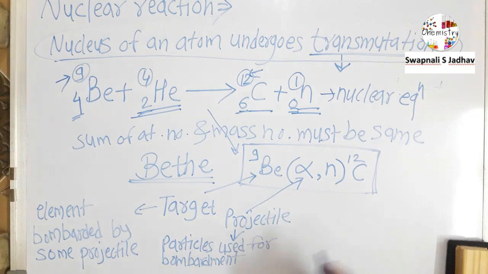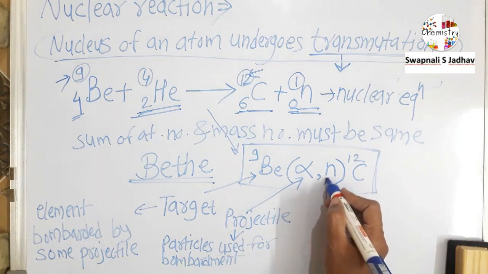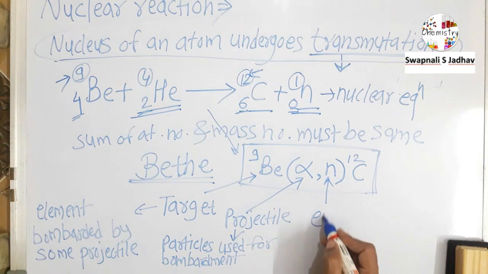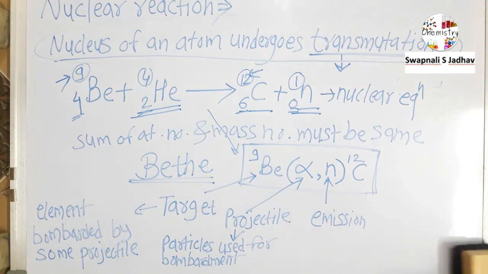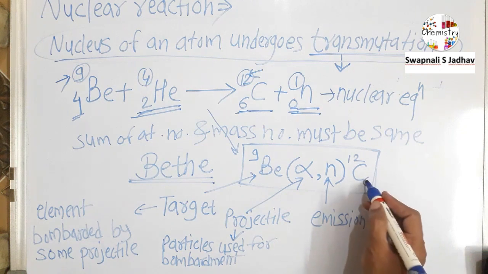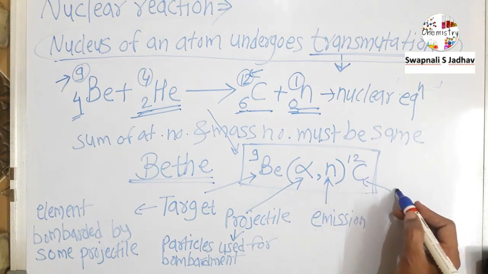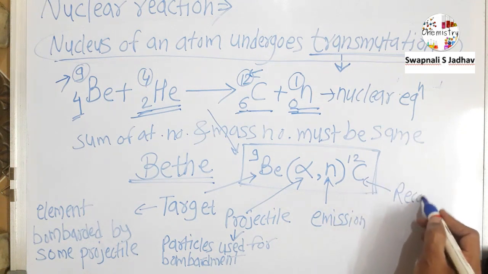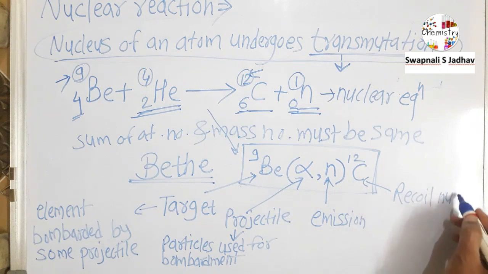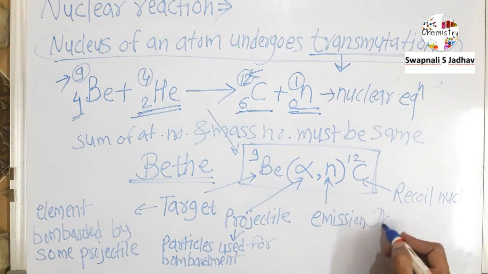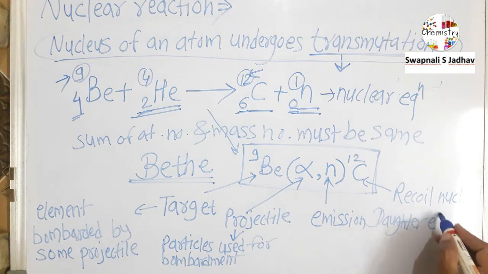In the simple bracket, the second symbol is of the neutron. It is known as the emission. And the last is called the recoil nucleus or daughter element.